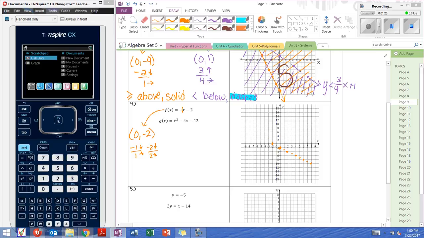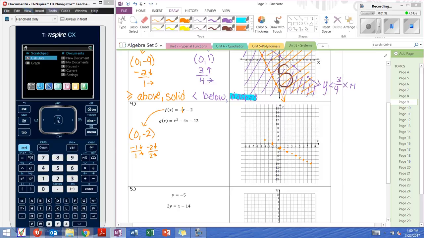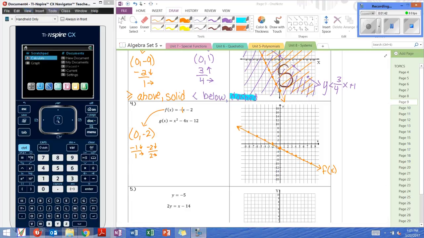So we want to graph the nice points, but also remember that those halfway points are still nice integer points. Okay? Straight edge, arrows, label. So here is my linear function, f of x.